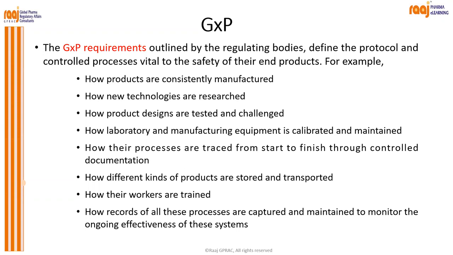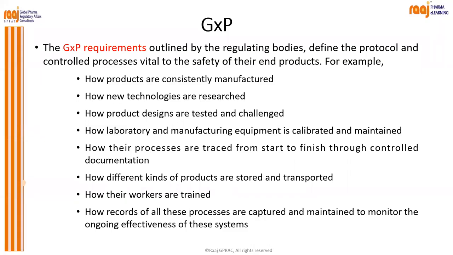So that's how the consistency should be maintained throughout the product life cycle. Then, how are new technologies researched? Suppose you are using an Android phone or iPhone, the 4th or 5th version. You should see how advanced technology nowadays can be considered, such as AR, that is augmented reality, and artificial intelligence.